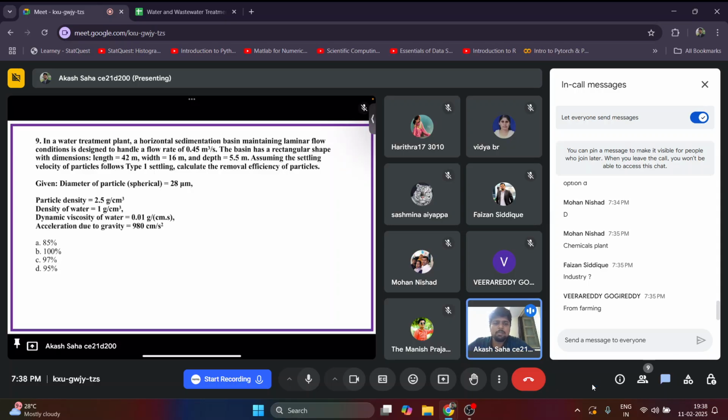So can someone tell me what are the two factors that we have to find out for the removal efficiency? Which two parameters do we need to calculate? Then maybe we can discuss the problem till the time everyone else is solving.